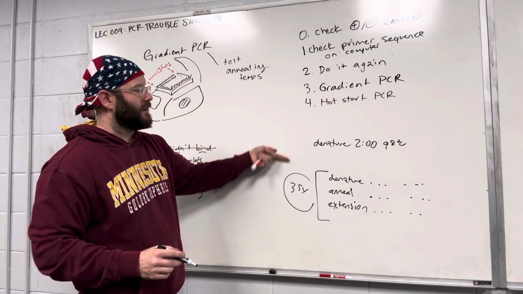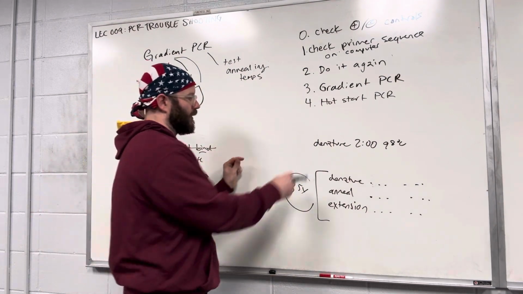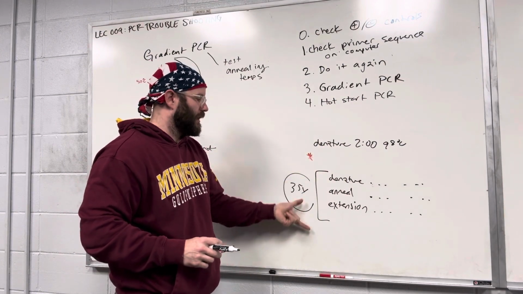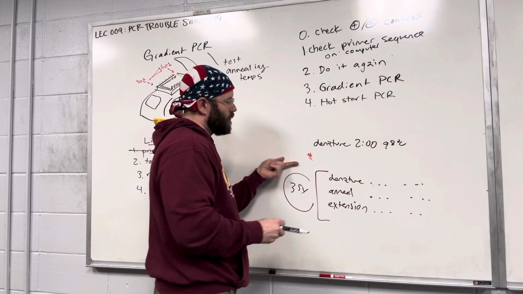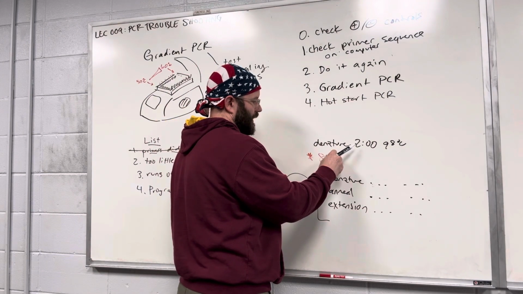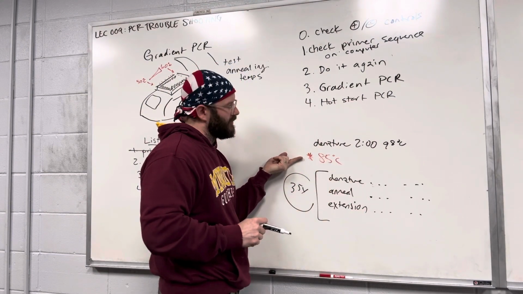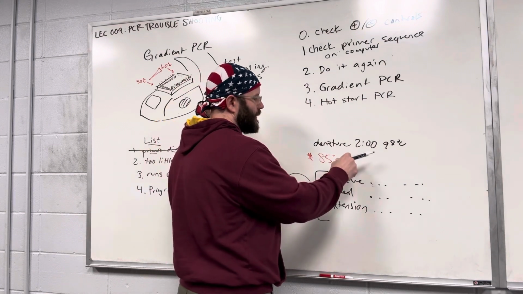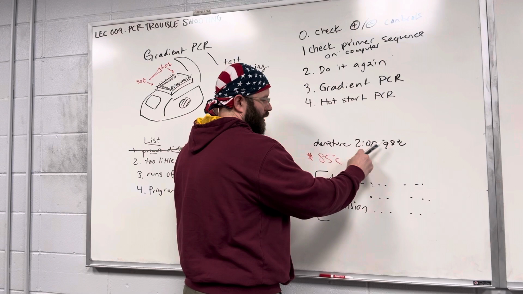So when you do a hot start PCR, you add a step right here, right before you enter your loop. And what you do here is you set it to something like 85 degrees Celsius, which is relatively hot. It keeps things pretty much completely denatured. And then you add your polymerase.